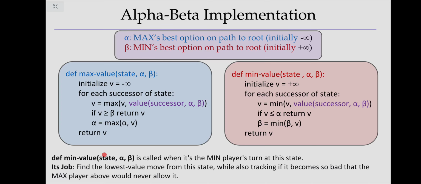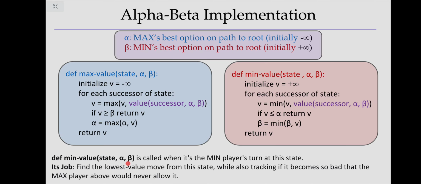Similarly, for the min player, we call min value with respect to the state and parameters alpha and beta.